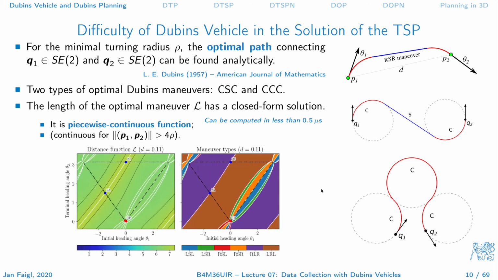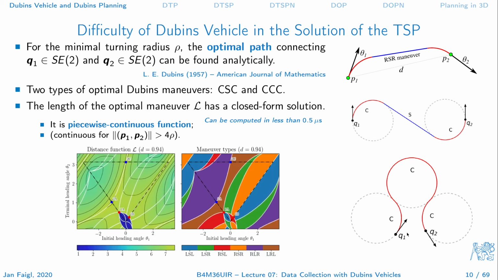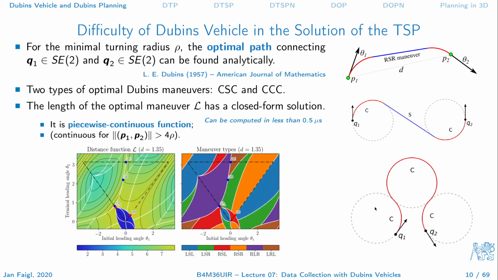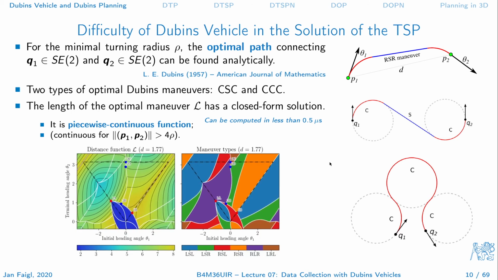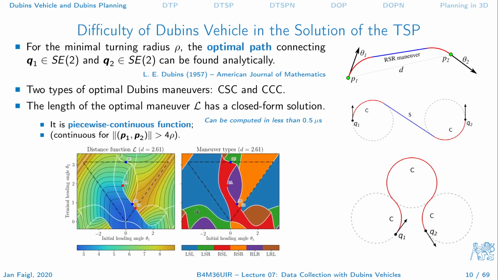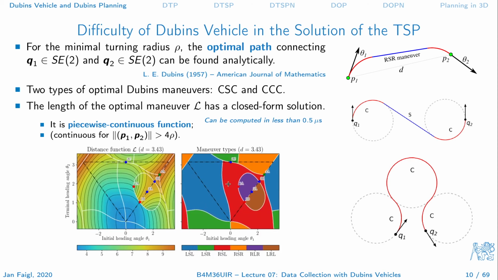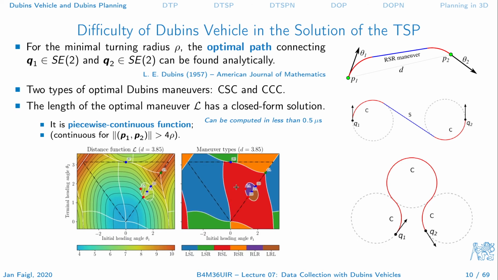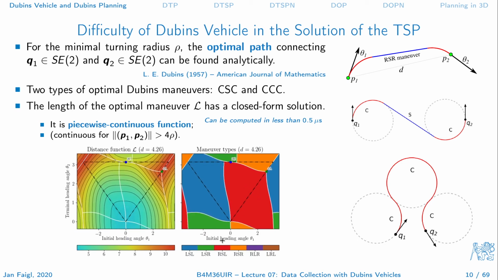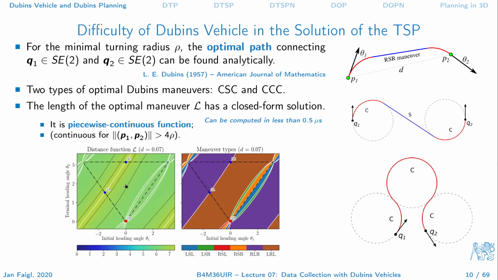And depending on the orientation of the headings and distance of the configurations, we have different types of maneuvers for this optimal Dubins path. And it is shown in this cartoon where we have different type maneuvers on this right side, depending on the initial heading and the terminal heading, and here is the distance function.